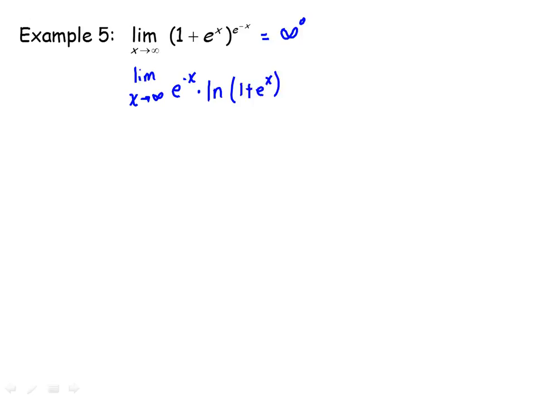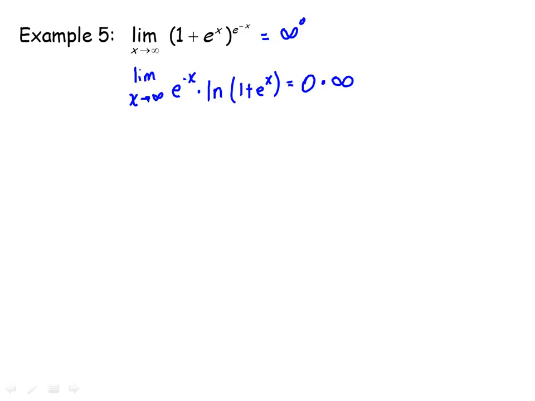And let's apply the limit one more time. e to the negative infinity is going to be what? 0. And then the natural log, what did we say 1 plus e to the infinity is? What is that going to be? Infinity. Just look at the previous step and it'll tell you what it is.